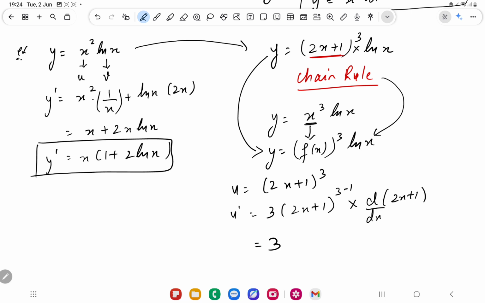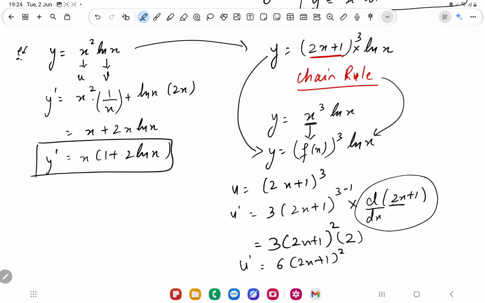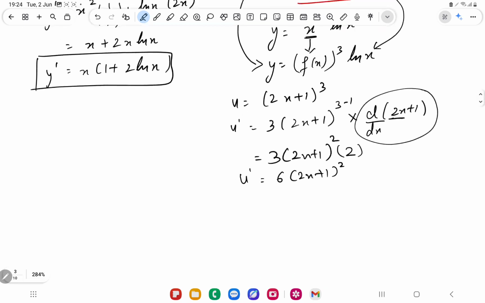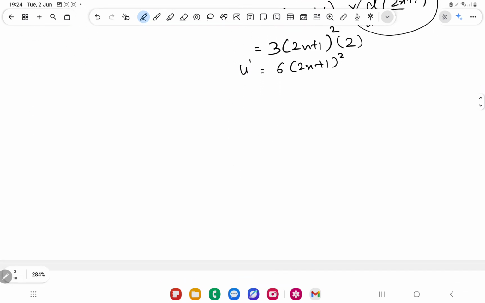So this will give me 3 into (2x plus 1) square, derivative of 2x will be 2 and the derivative of the constant is 0. So this time my u dash is 6 (2x plus 1) whole square. Now you must be wondering why I am doing this. Let's understand this. For this, if I am saying y is equal to x to the power n.